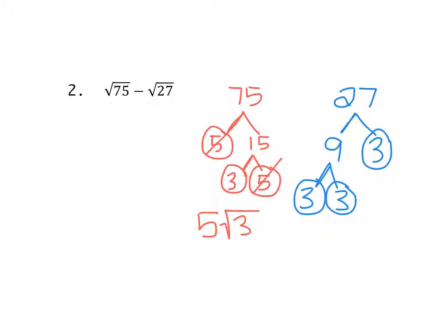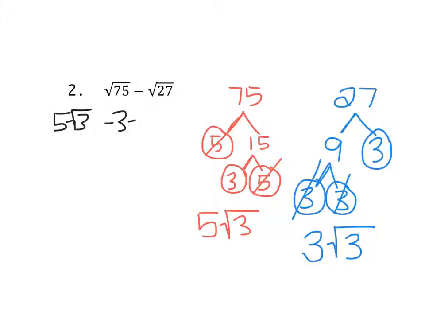Yes, we have 1 pair of 3, so we write 3 once, and we only cross out the pair, so we can only cross out 2 3's. Do we have anything left over? Yes, we still have that 1 3 left over. So the square root of 27 is the same thing as 3 square root of 3. Let's replace that. So we'll have 5 square root of 3 minus 3 square root of 3.